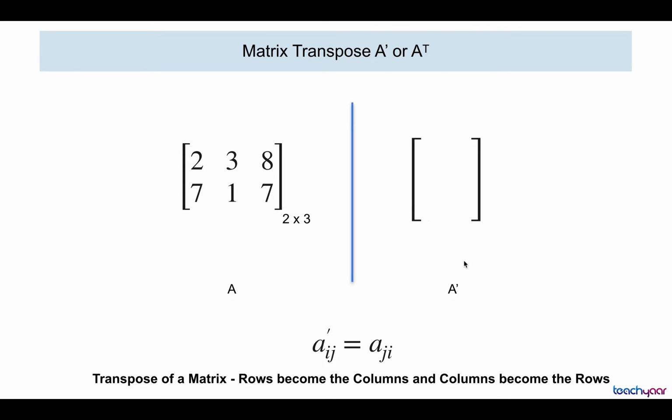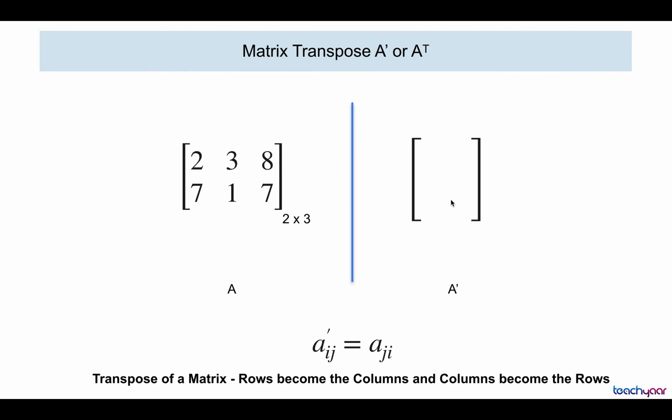But before that, another question: what is the order of this matrix? Because the rows become the columns and the columns become the rows, A has 2 rows and 3 columns, so the transpose should have 3 rows and 2 columns.